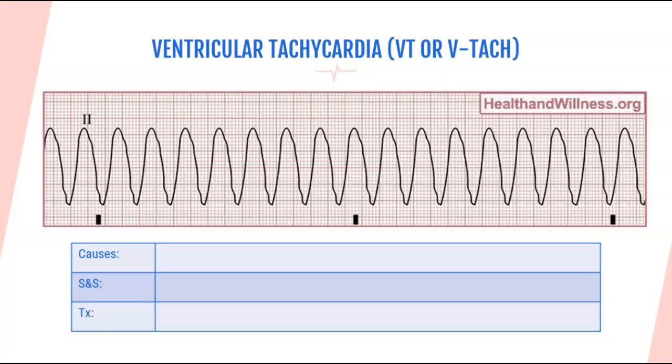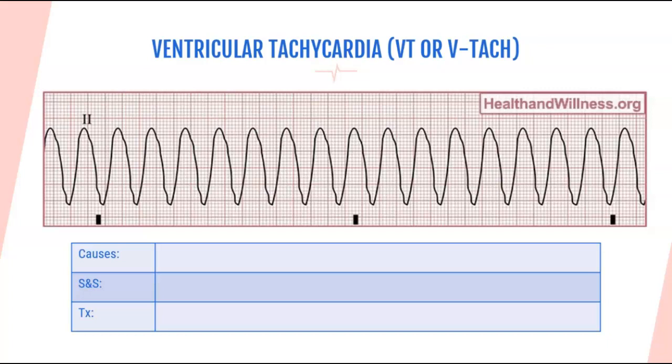Treatment will depend on if there is a pulse or no pulse. If there is no pulse, it is considered pulseless V-tach, and the treatment for that is immediate defibrillation and CPR. If the person has V-tach with a pulse, then the treatment is synchronized cardioversion.